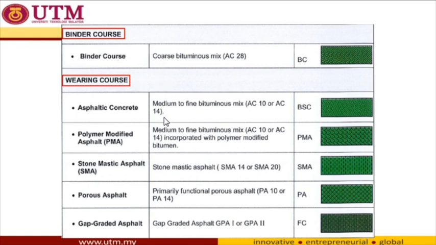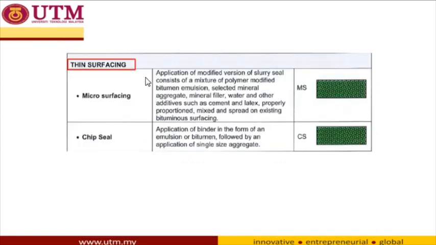For the wearing course, the proposed material can be AC10 or AC14 for the dense graded, and then PMA, polymer modified asphalt, AC10 or AC14, and then stone mastic asphalt, SMA 14 or 20, and porous asphalt, PA10 or PA14, and gap graded asphalt.